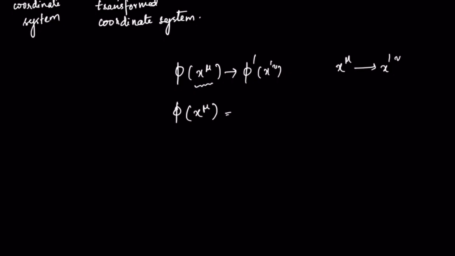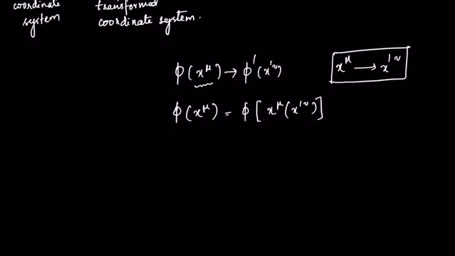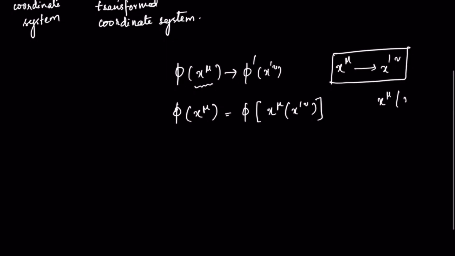Phi of, now the transformation is given by x mu going to x prime mu, which means x mu is a function of x prime mu and vice versa, because you can transform from one coordinate system to the other coordinate system and back also. So there is a relation between x mu and x prime mu, so you can write x mu as a function of x prime mu. Therefore phi of x mu can be written as phi of x mu, where x mu is the function of x prime mu, right?